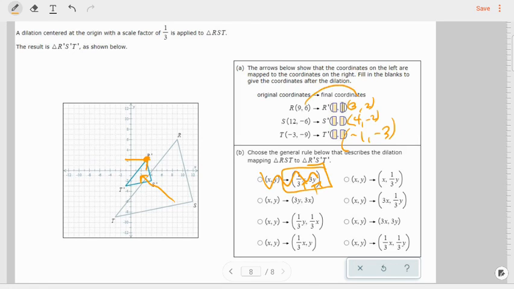In order to do my transformation, remember I said at the very beginning of this problem that I would just times them both by 1/3. So I'm looking for these options where it says timesing by 1/3. Now I'm between this one and this one. But notice this says y, x. That's not the point order. Okay, we're going to choose this one. So that is filling in that rule.